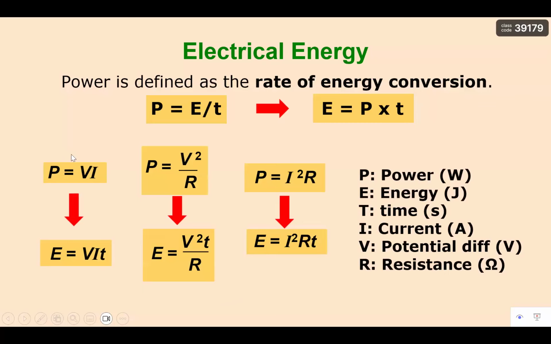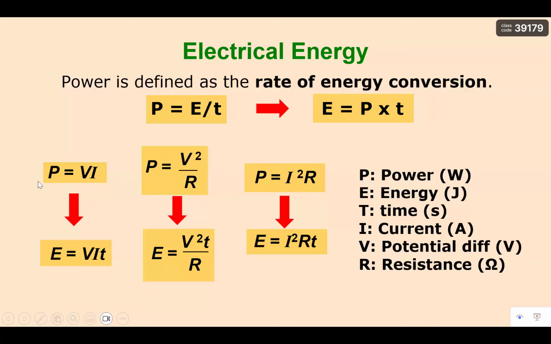Then we come into the 6 other formulas. Okay, you need to know that power equals VI. And then from power equals VI, which is the voltage times the current, I can switch to power equals V squared over R as well as power equals I squared R, using the formula V equals IR. Okay, so with V equals IR, I can switch between these 3 formulas.